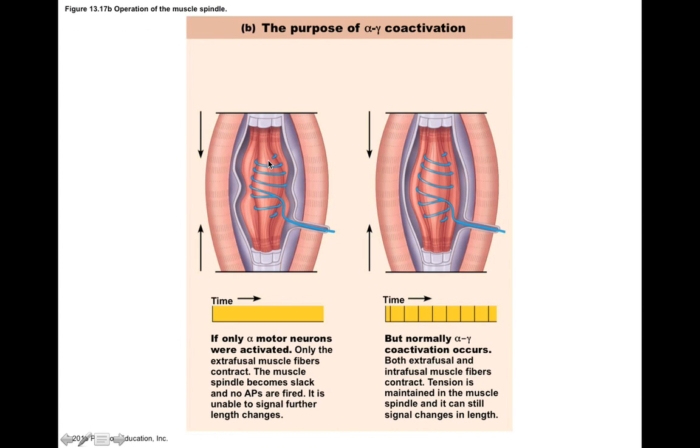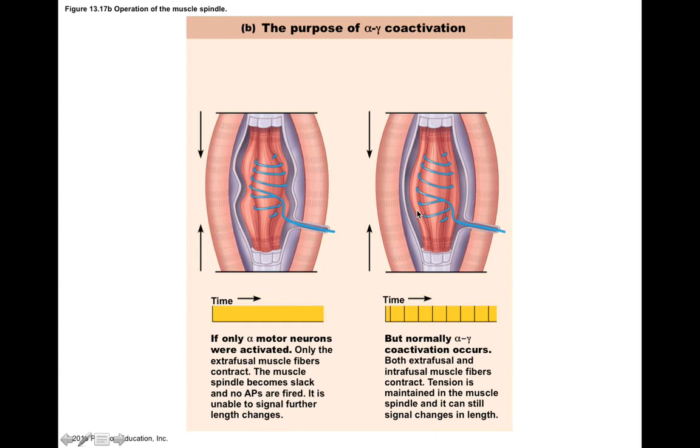So if you look over here, we're seeing that while the extrafusal muscle fibers are contracting, if the intrafusal muscle fibers didn't correspondingly contract, you would lose information from these intrafusal muscle fibers because they wouldn't send action potentials back toward your spinal cord. So to prevent this, we get alpha-gamma coactivation, so that our alpha motor neurons that innervate the extrafusal muscle fibers cause contraction here.